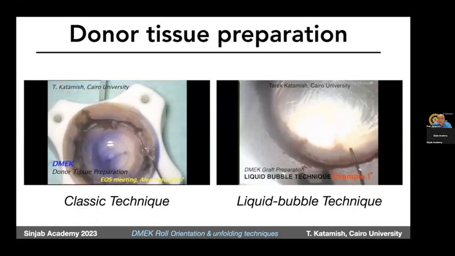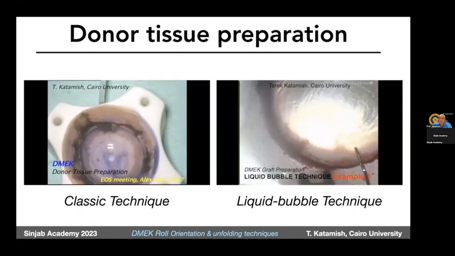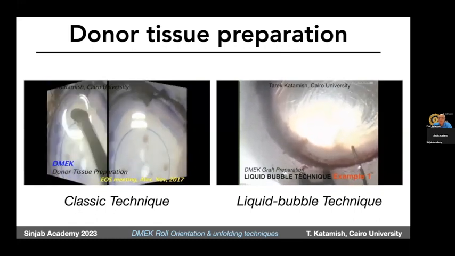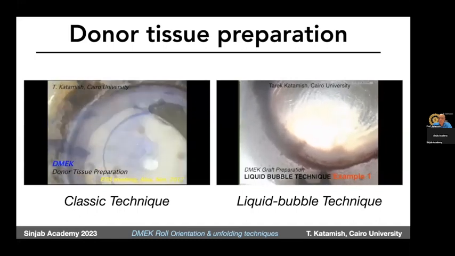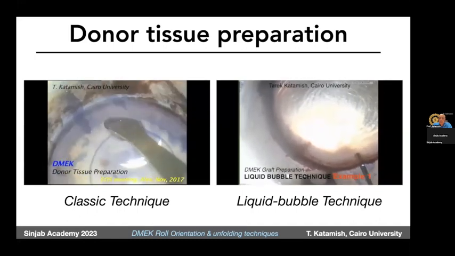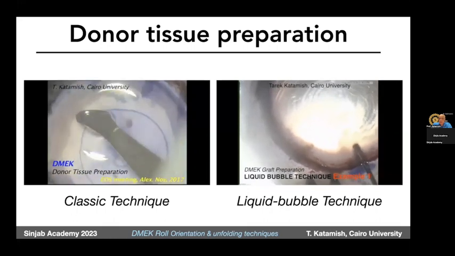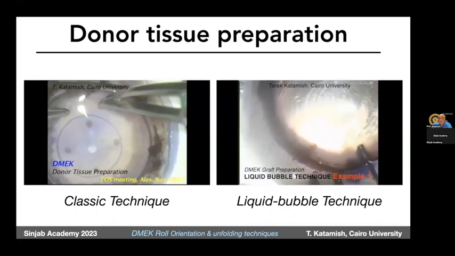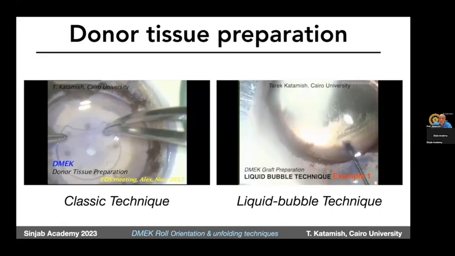On the right-hand side of the screen, I'm using another recent technique, which is the liquid bubble technique, in which the idea is to create a sub-Descemet membrane pocket and then inject Trypan blue.